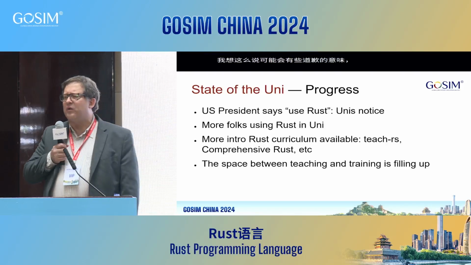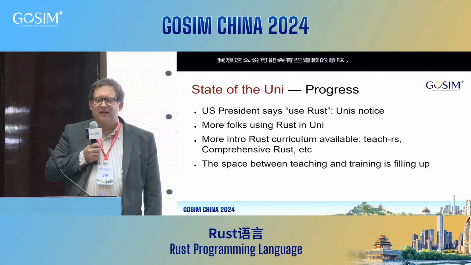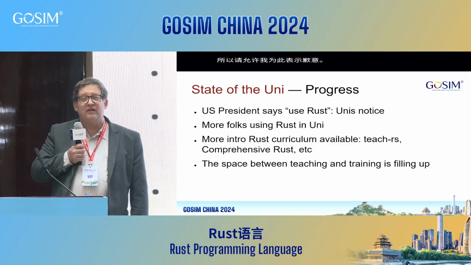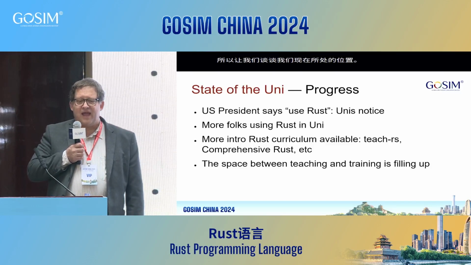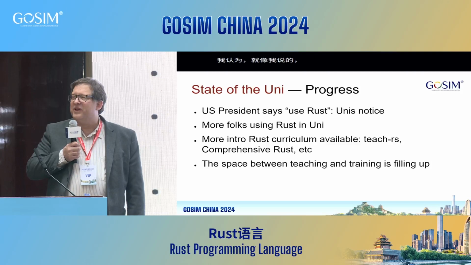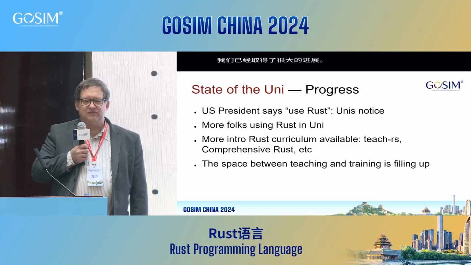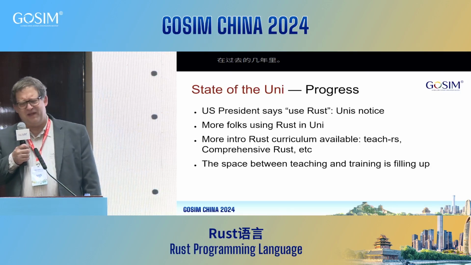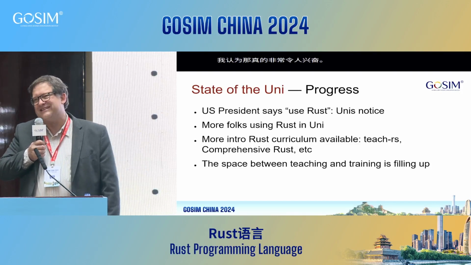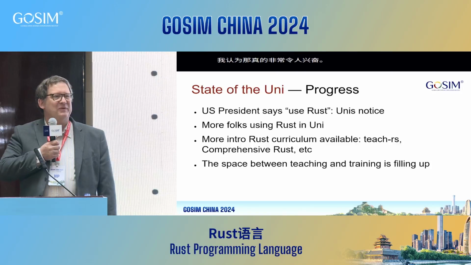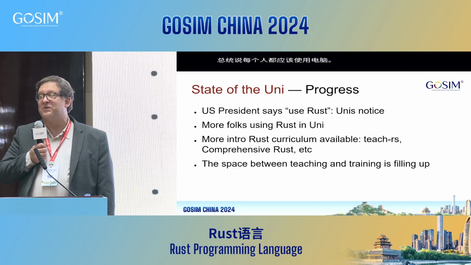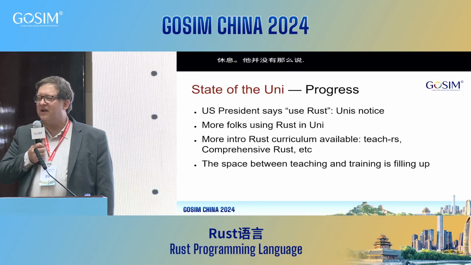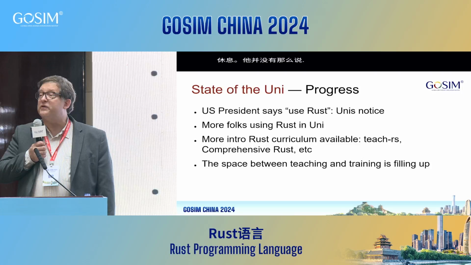So let's talk about where we are. I think we've made, like I say, a lot of progress in the last few years, and I think that's really exciting. In the US, our president said, everybody should be using Rust. He didn't quite say it that way, but it was announced that memory-safe languages, which for low-level stuff means Rust, were the future, and universities notice that kind of thing.